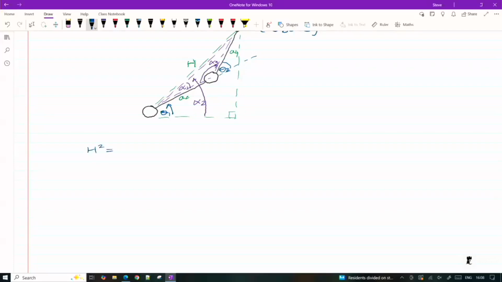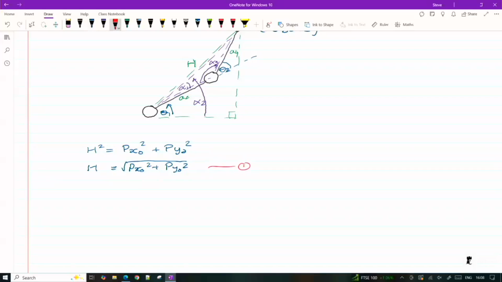H2, so that's the hypotenuse, is simply, from Pythagoras, that. So we'll label that as our first equation.